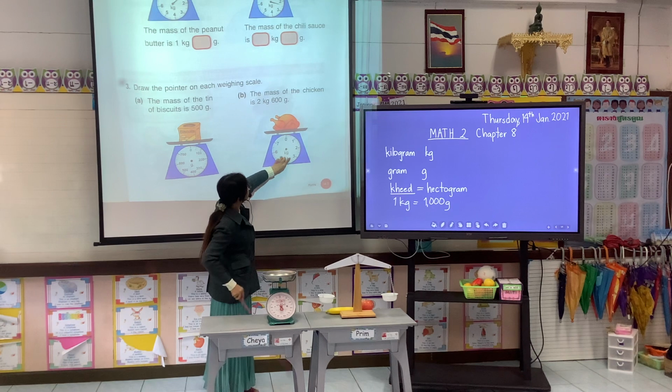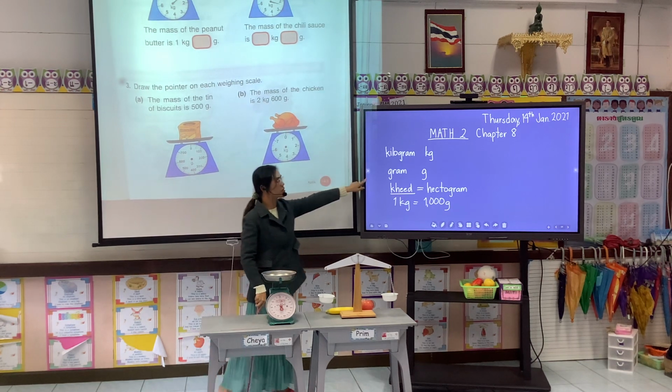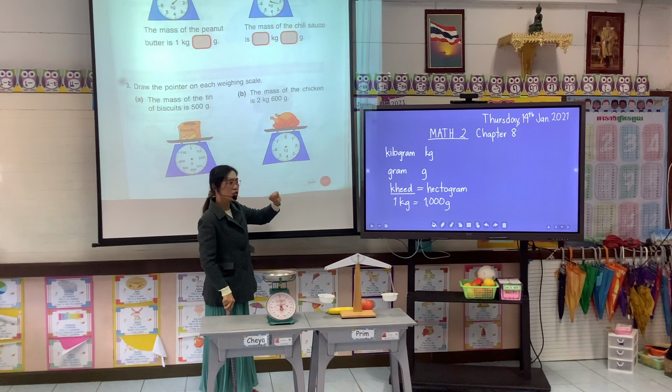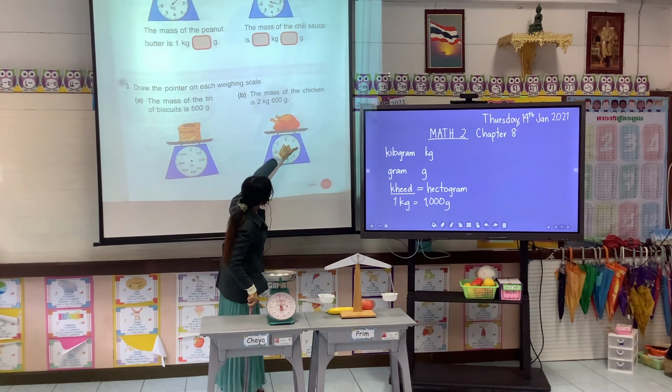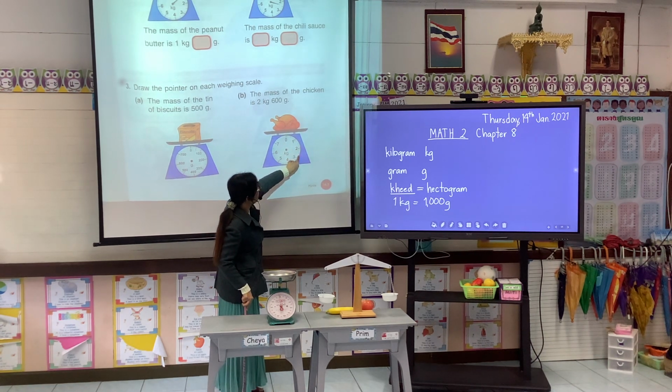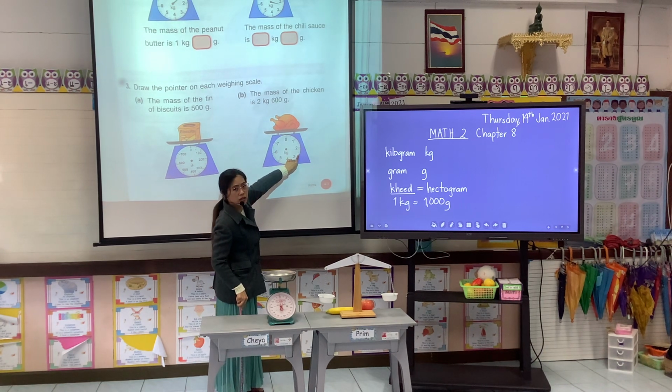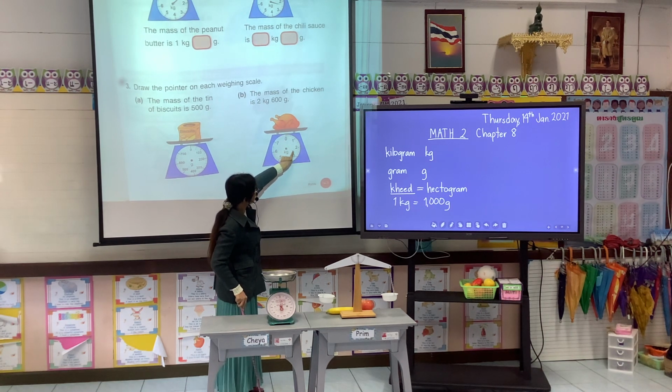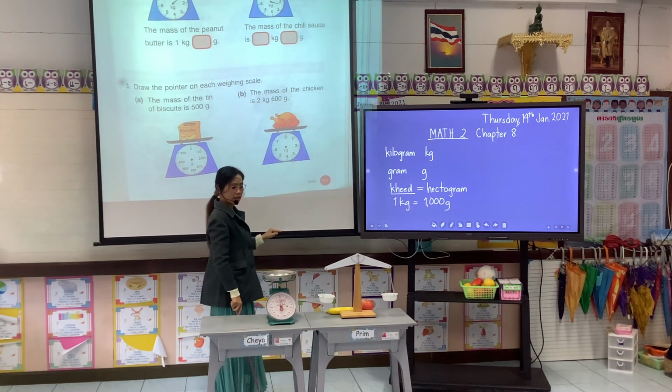And 600. Where is 600? Again, in grams, we're going to count by 100. Right there, 600 grams. That is 2 kilograms and 600 grams. It's right here.